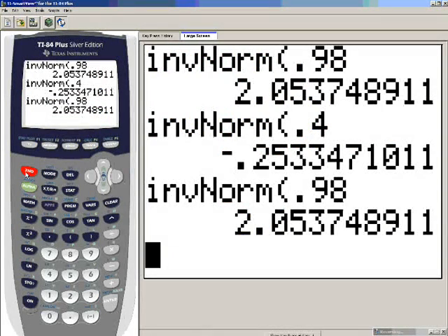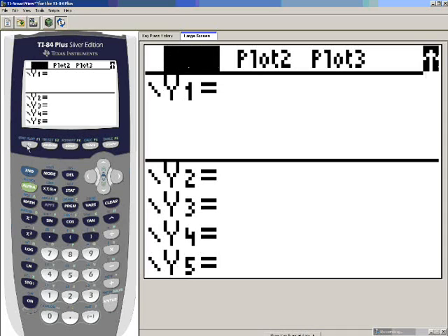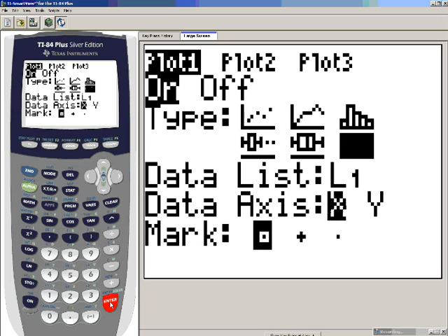So I'm going to go into my stat plot menu. Actually, I'm going to go into y equals first. Make sure you don't have any other equations in there. Select plot 1 to turn it on. Go into your stat plot. And now on your stat plot menu, the very last graph here that we didn't talk about is your normal quantile plot. Hit enter on that. Okay, from there we want it to pull from list 1, assuming that that's where you put them in at.